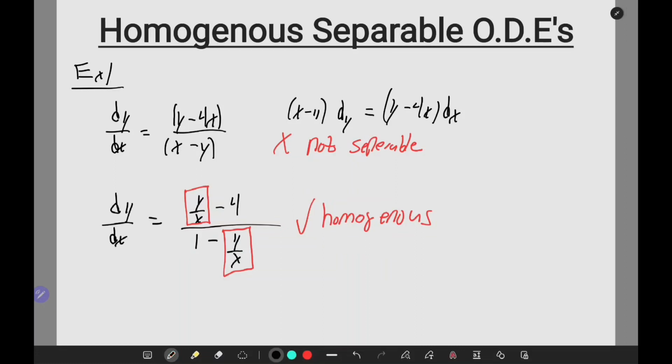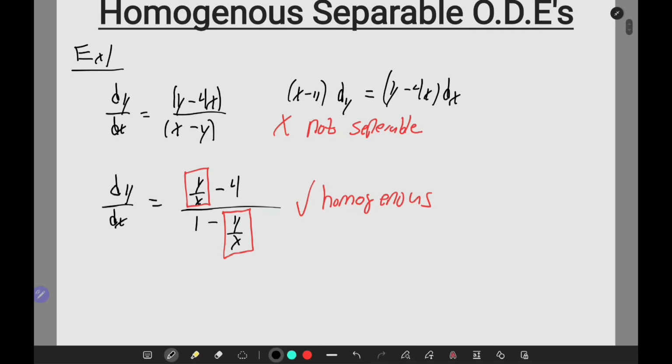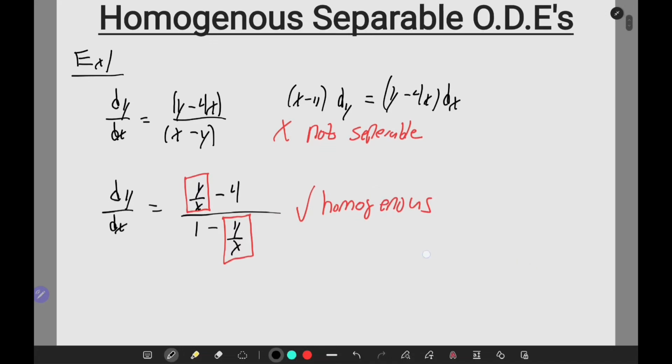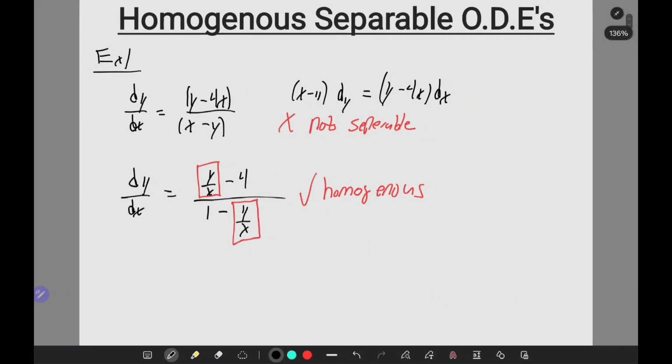Now, to make it separable, all we did was rewrite it. This is the exact same thing that we had before. All we did was an algebra trick to rewrite it. And if it is able to be rewritten in this form, it's homogeneous, which it is. So now, to make it separable, we're going to do a u sub.